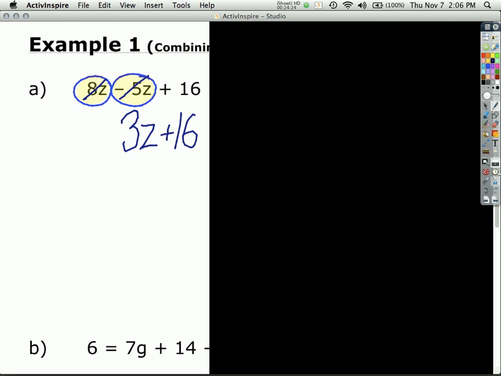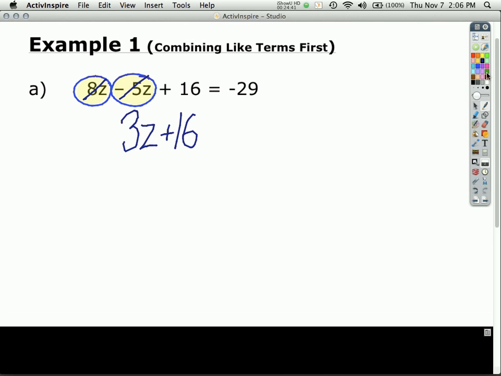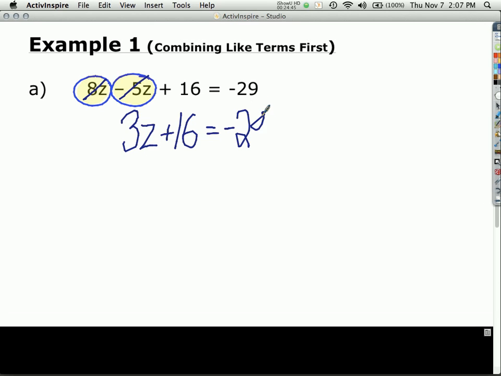Now let's take care of the right side. What can be simplified over here? Chris? Nothing. It's a number. It's negative 29. There's nothing to do. So that's simplified all the way. So we'll just bring that down, and so we've got equals negative 29.